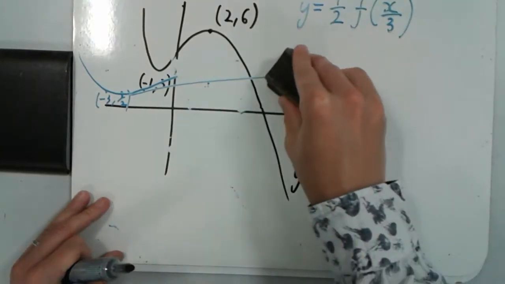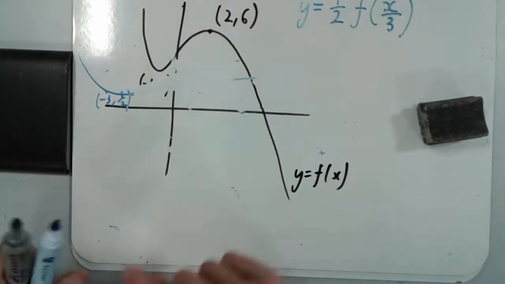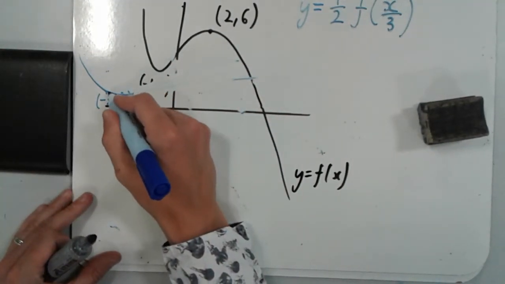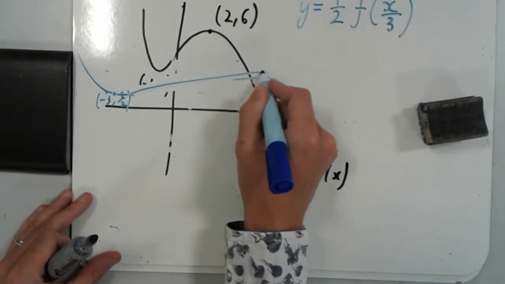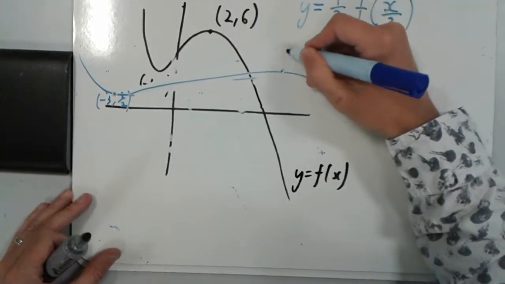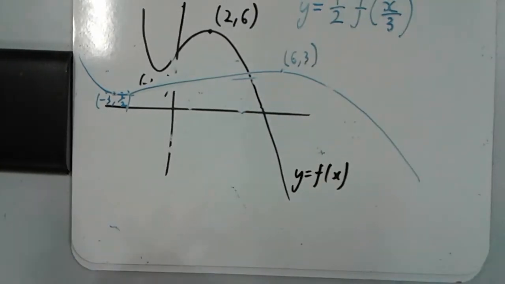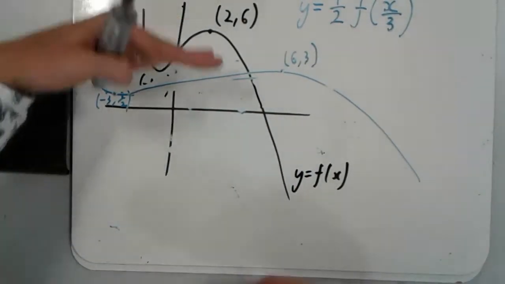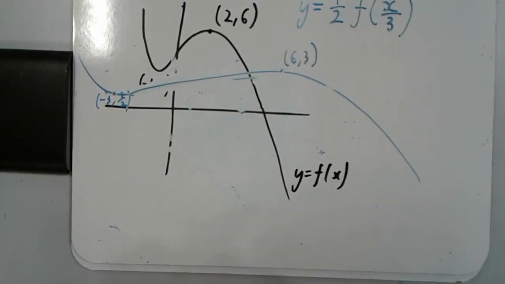Let me just try that again. So we've got our turning point there. And then our second turning point will be somewhere over here. 6, 3. Okay. Should be the same shape, stretched out and squashed in. Okay. Label the point, don't worry too much about the scale once again.